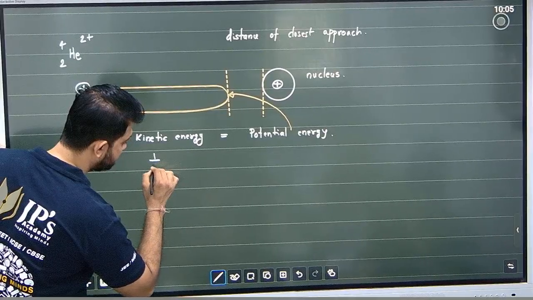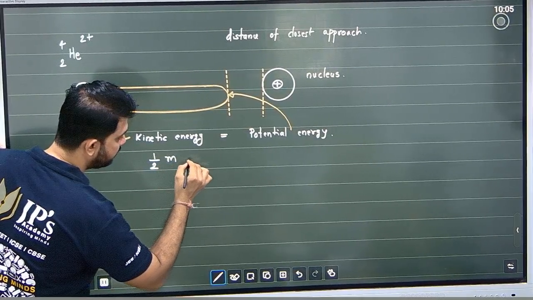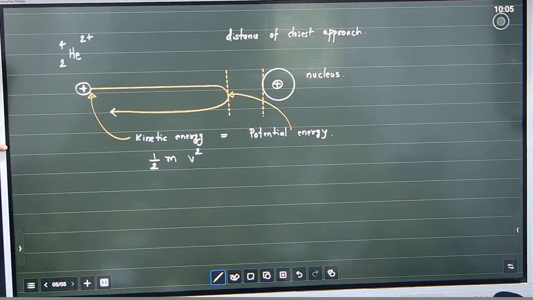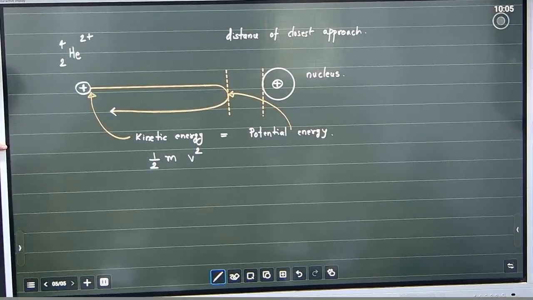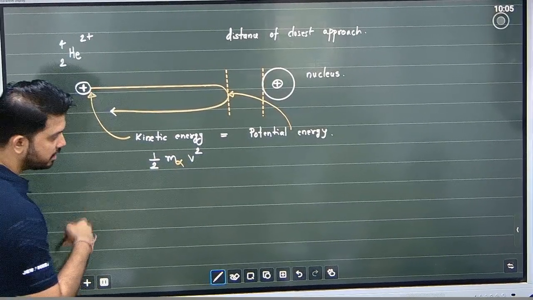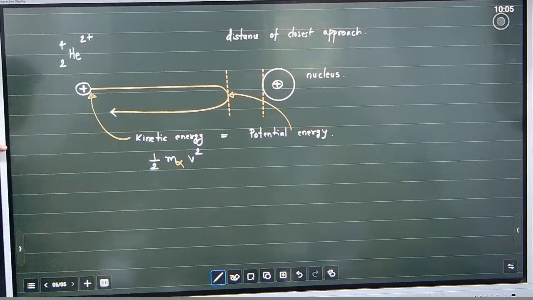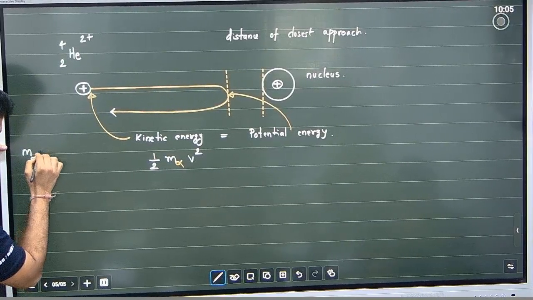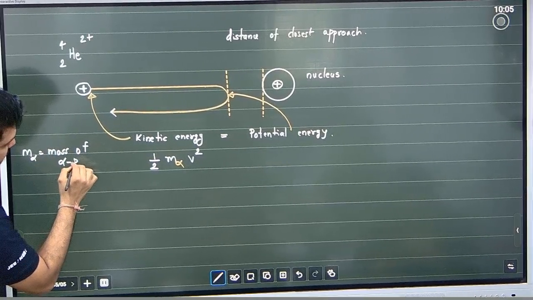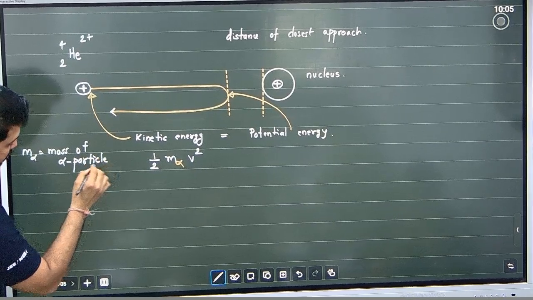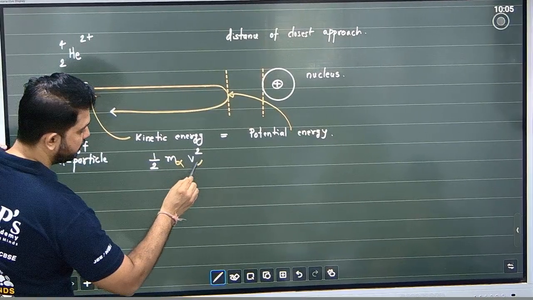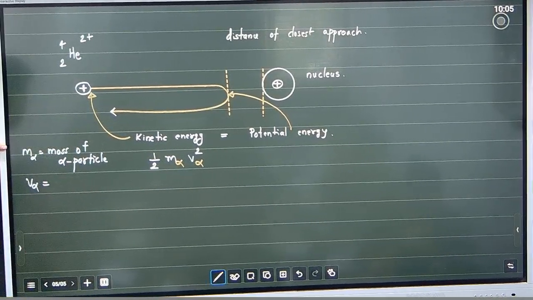Half mv squared. I think everyone knows the formula for kinetic energy. M here is the mass of the alpha particle. What does m alpha stand for? Mass of alpha particle. What does V alpha stand for? Velocity of alpha particle. I think you people can write that.